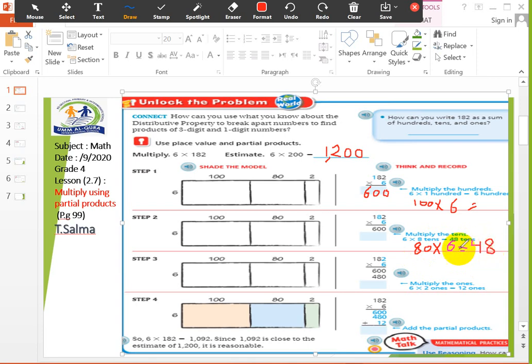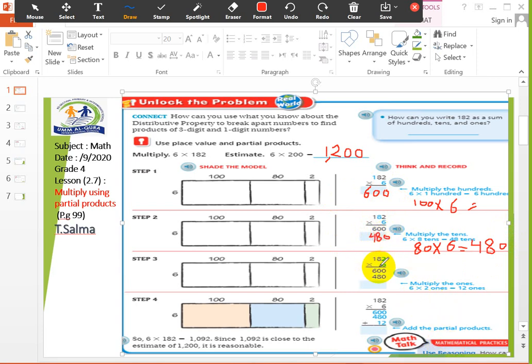And put 0 next to the answer, so it will be 480. So I will order this answer under the first one. So I will order 480 under the 600. Okay? This is the second answer.